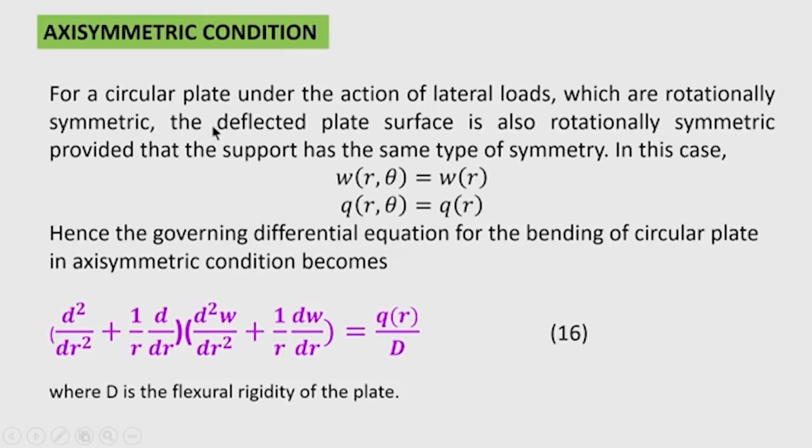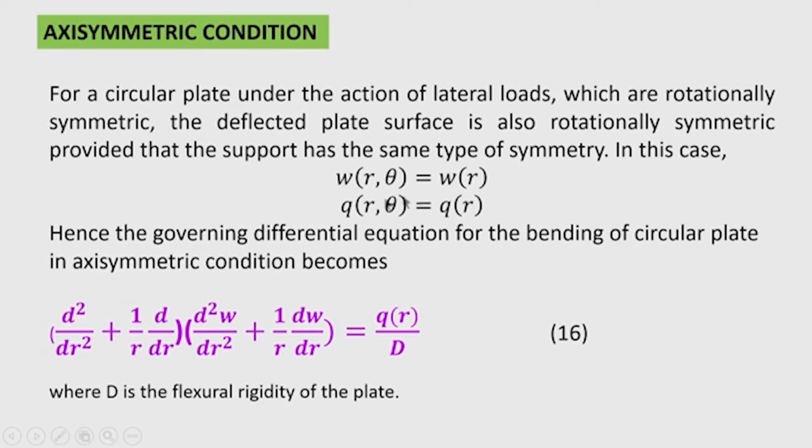So, in the axisymmetrical condition, W(r, theta), which is a function of the dependent variables r and theta, will be converted to only W(r), and Q(r, theta) will be converted to Q(r).